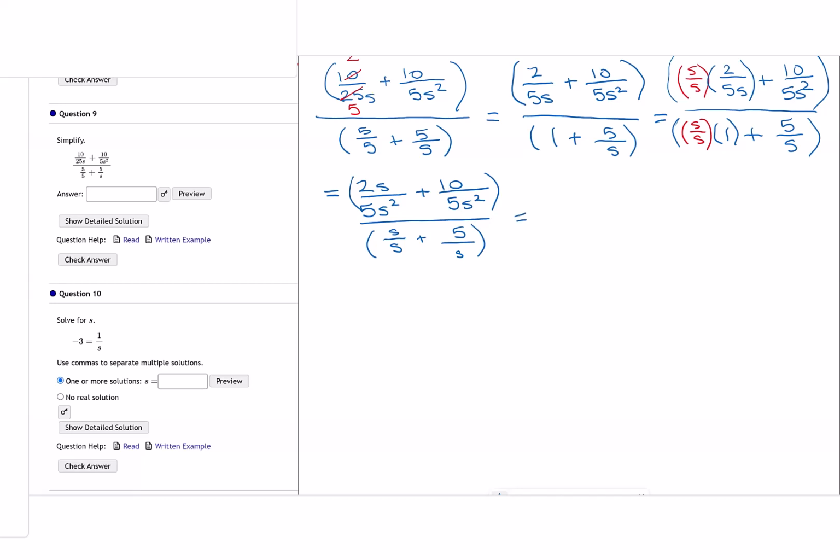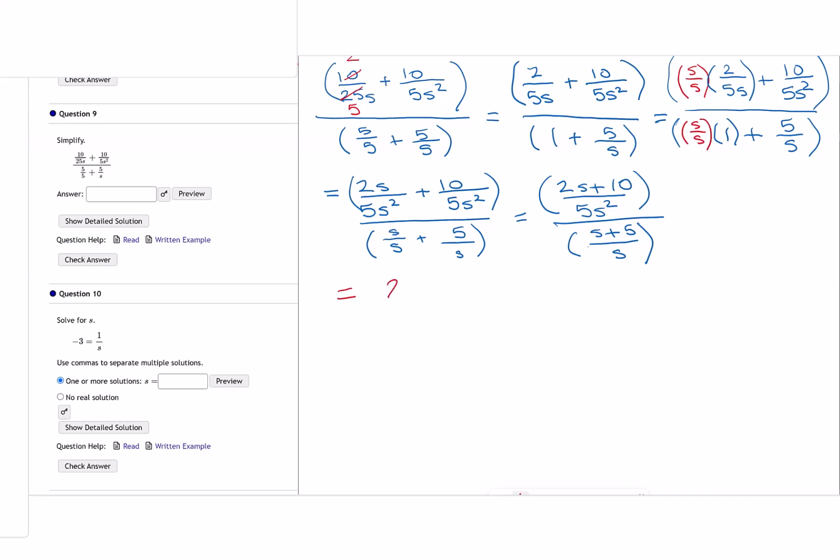Now I have a common denominator in my numerator. I add 2s plus 10 over 5s squared divided by s plus 5 divided by s. Now I have a fraction over a fraction, and I can keep, change, flip.